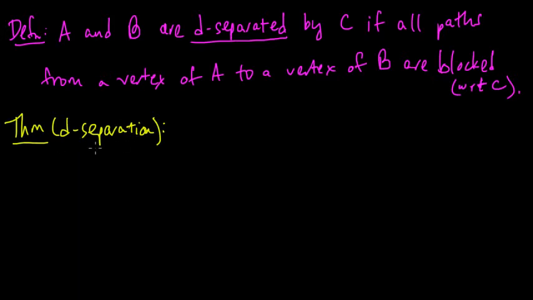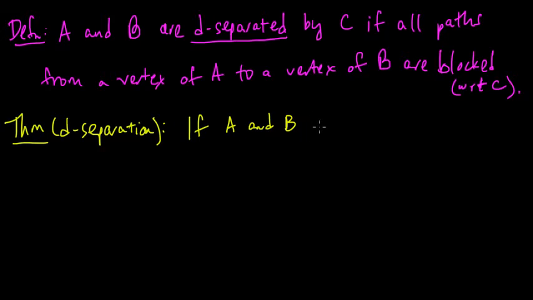This is the concept of separation for a directed graphical model. Now we have a theorem about D-separation, and it is the all-important theorem for conditional independence in directed graphical models.